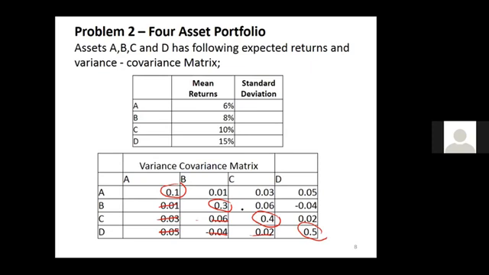We got the same coefficient here, no? 0.01, 0.03, similar to that. Then 0.03 here, 0.06, 0.06, 0.5, 0.5, minus 0.04, 0.05 here, 0.02. Those are covariance values.